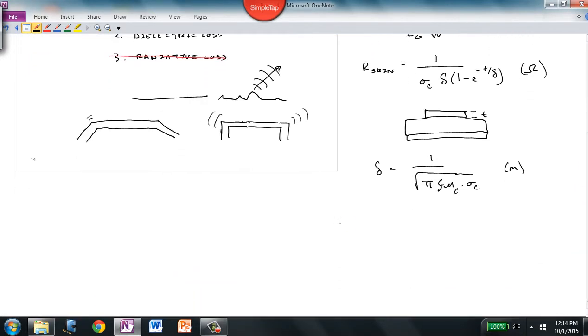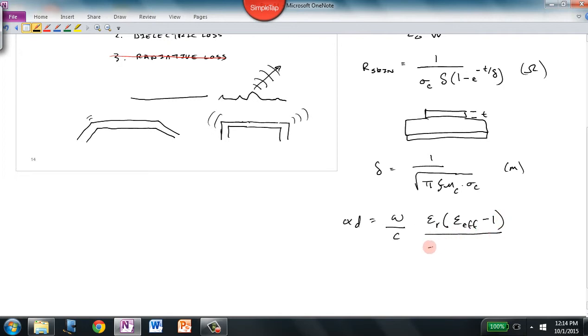What about for the dielectric? What's the attenuation due to that? That, it turns out, is dependent on the angular frequency, omega, divided by the speed of light. We multiply that by the relative electric permittivity of the material times the effective permittivity of the substrate, minus 1.